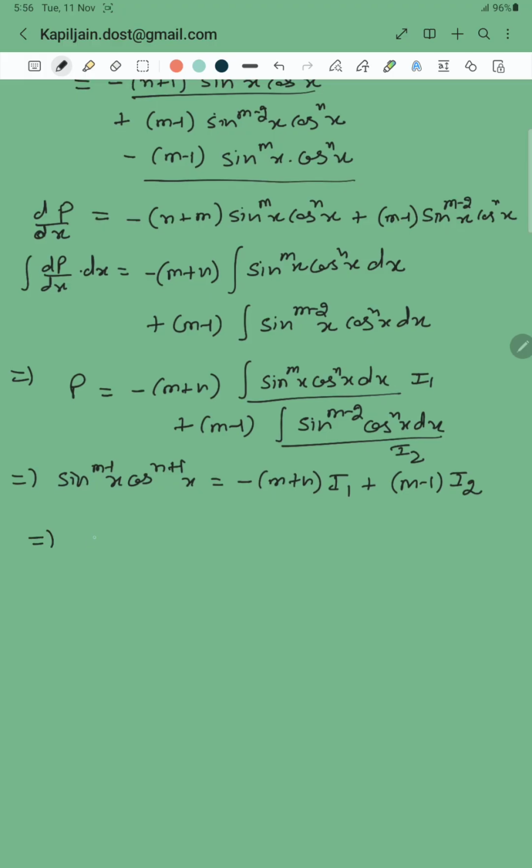So m plus n I1 is equal to minus sine raised to power m minus 1x into cos raised to power n plus 1x plus m minus 1 I2.